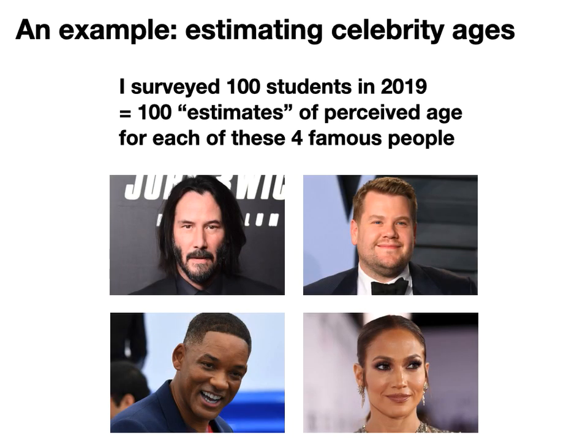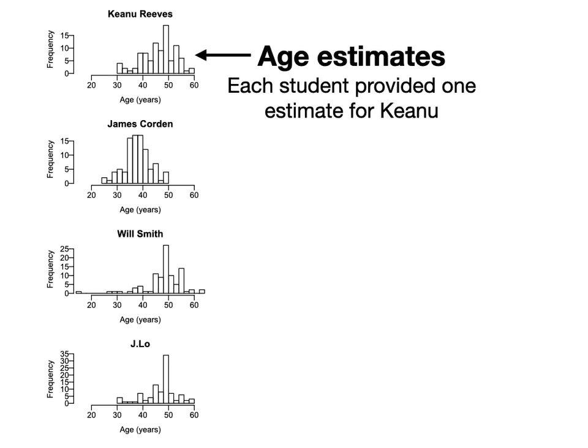Okay, here's a different example to illustrate some of these concepts again. This is a little study that I did with the students in this course back in 2019. I had 100 students tell me their guesses for how old these 4 famous people were. And then I graphed the results.